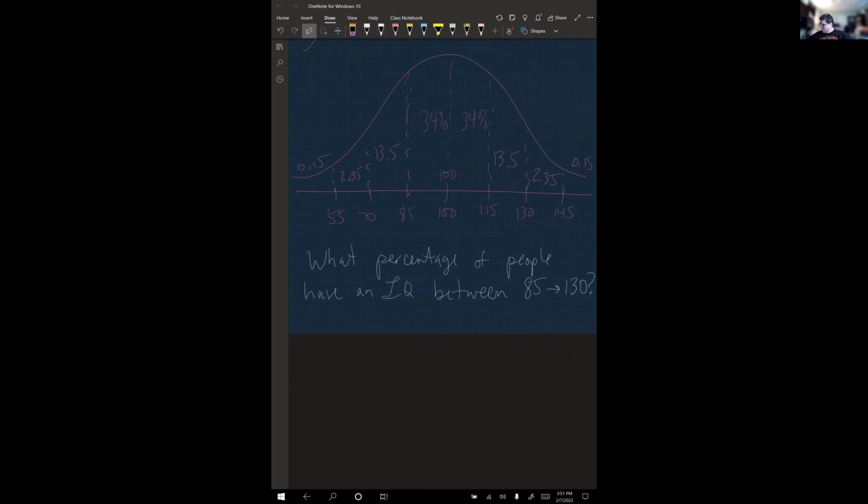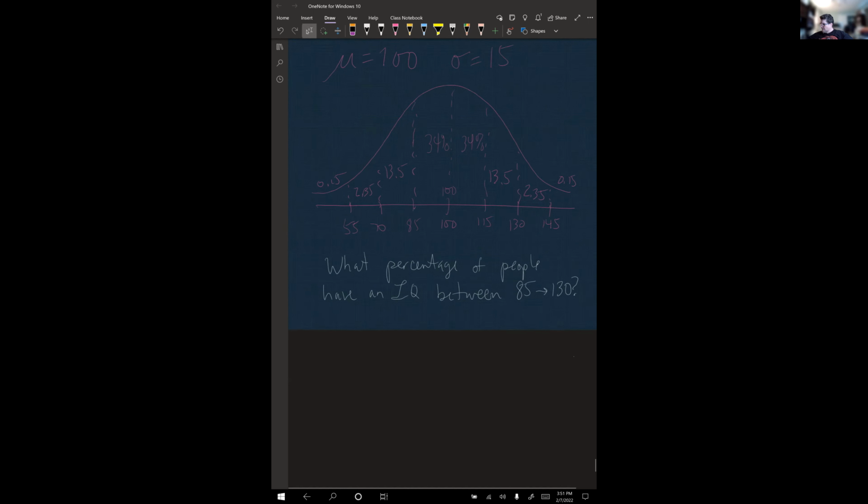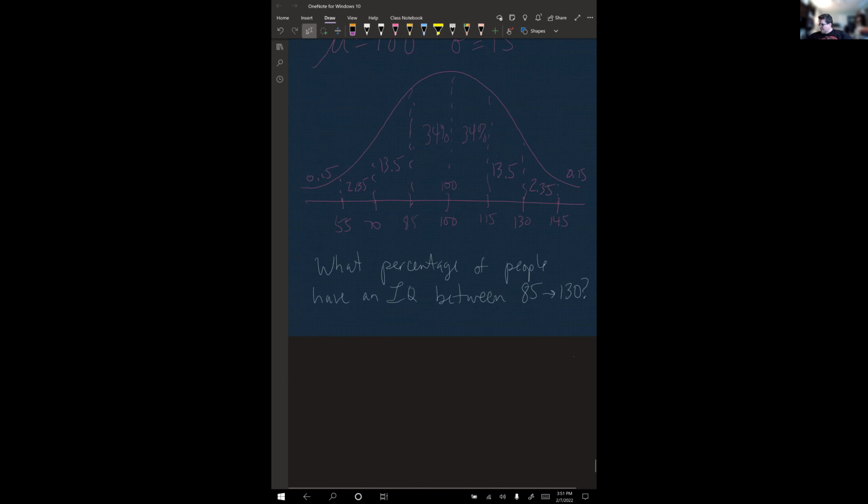Why do I not have more room to write? Is this the end of the paper? I'm going to have to figure this out.